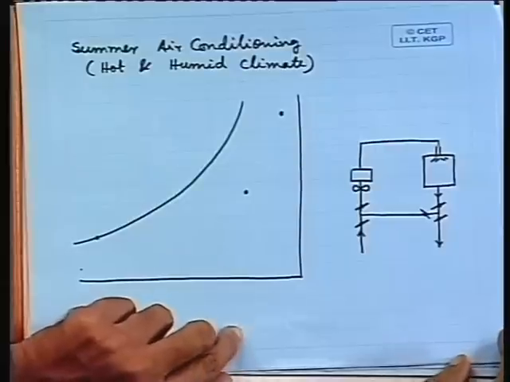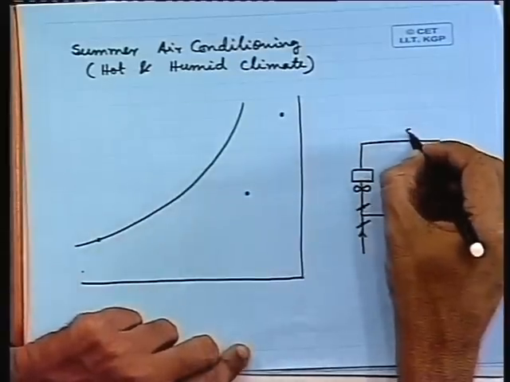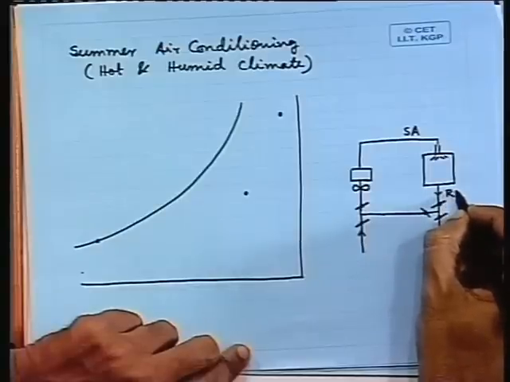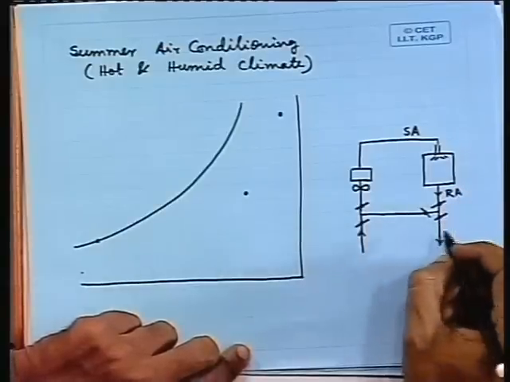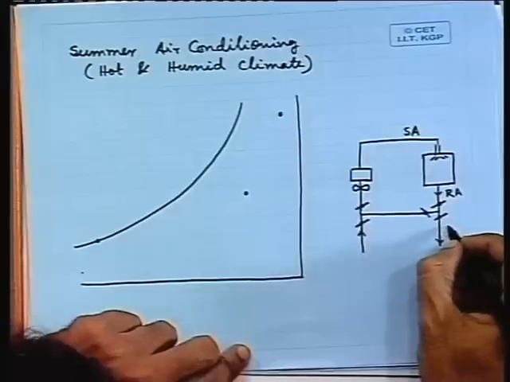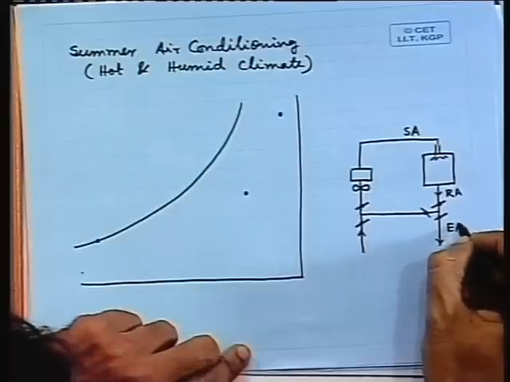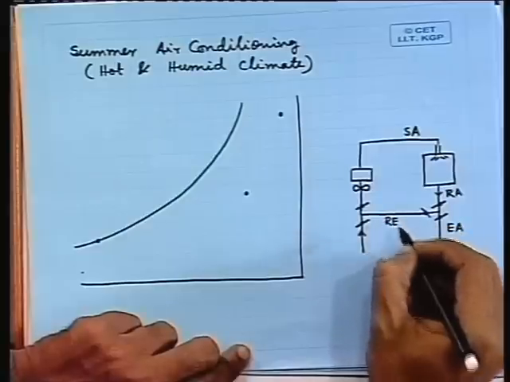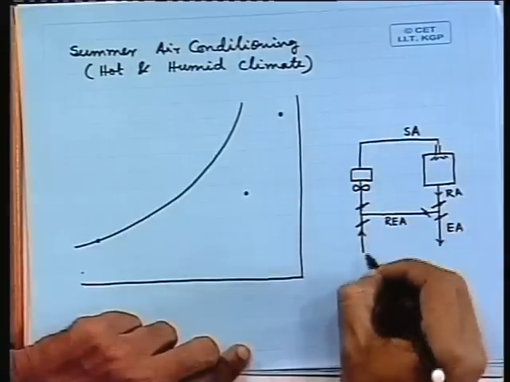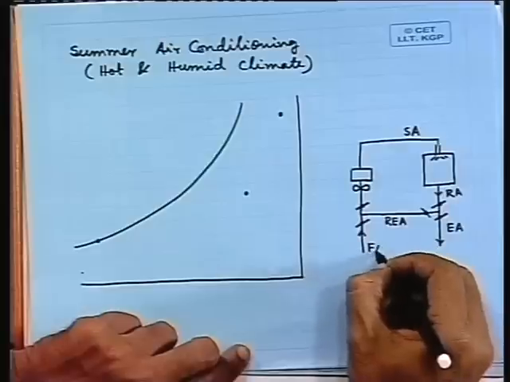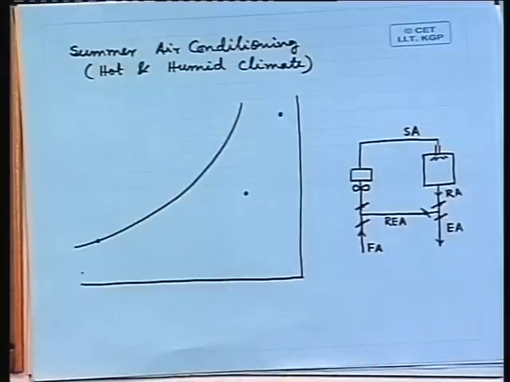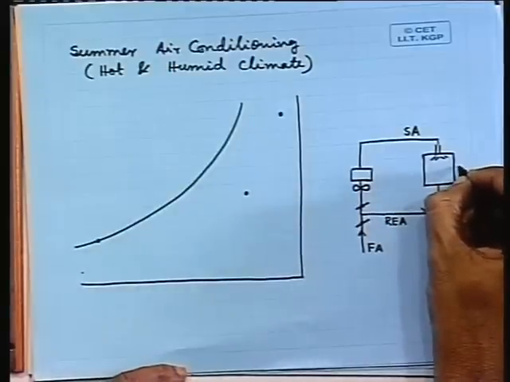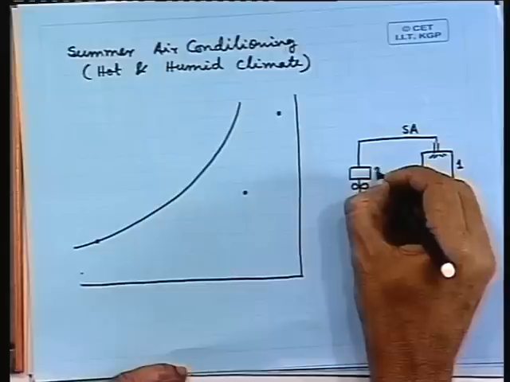This is called supply air, SA, this is the return air, RA, this is exhaust air, EA, this is recirculated air, REA, this is fresh air, FA. And we can give different other names also, 1, 2, 3.